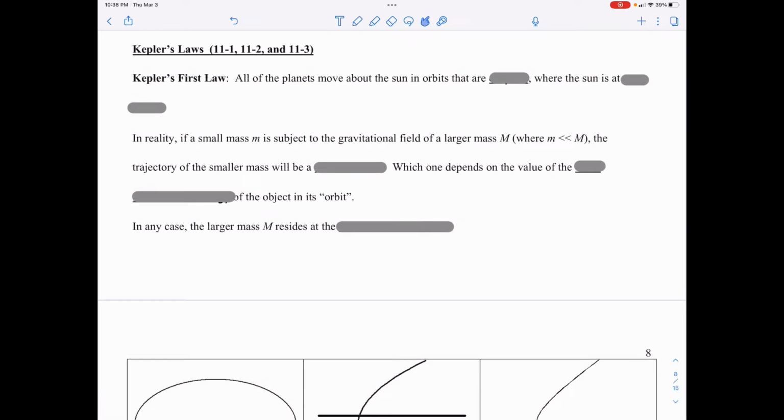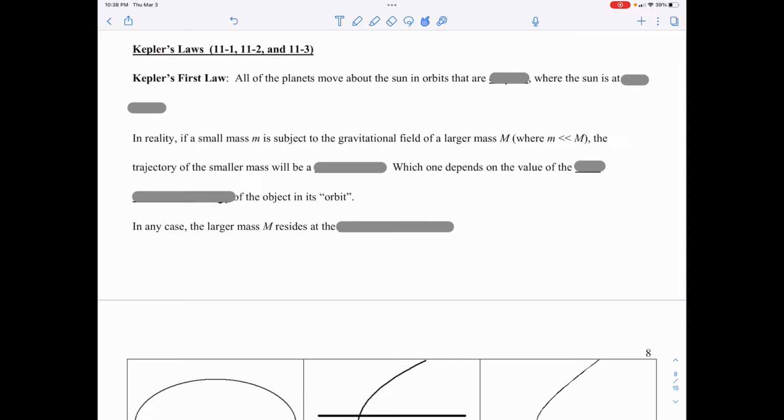Sections 11.1, 11.2, and 11.3, Kepler's laws. Kepler's laws describe the work done by Johannes Kepler in the late 1700s. Let's review Kepler's laws that relate to planetary orbits.